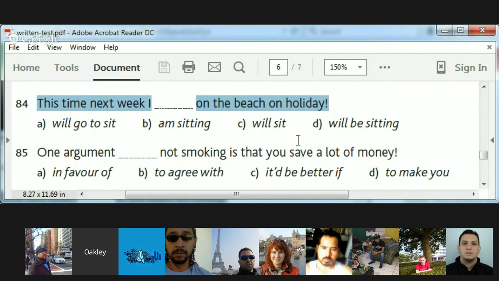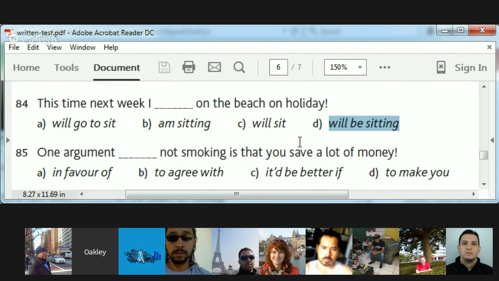This time next week, I on the beach on holiday. We'll go to sit. Well, okay. Well, I think the answer they're looking for is will be sitting, future continuous.